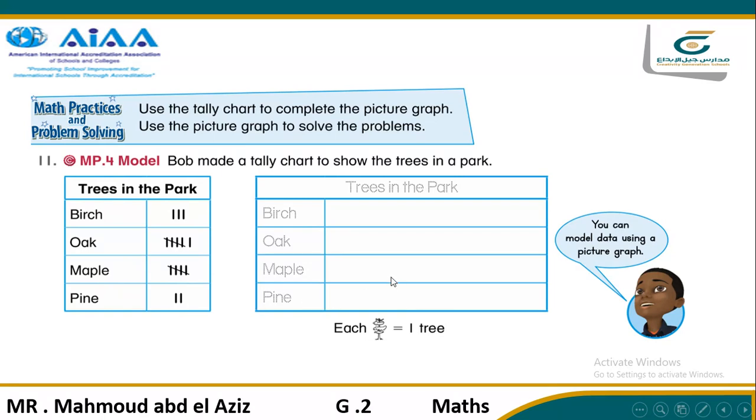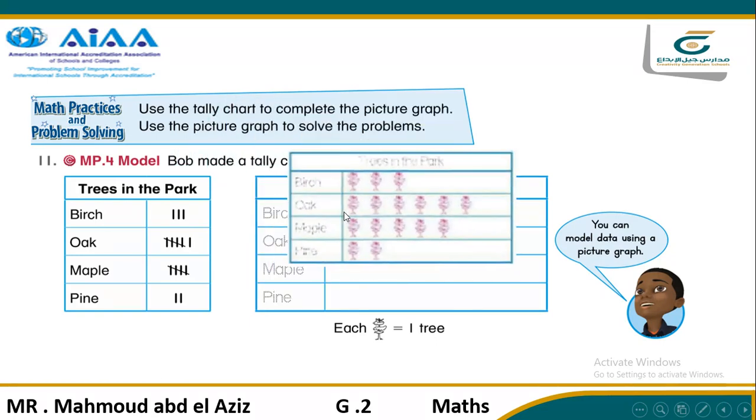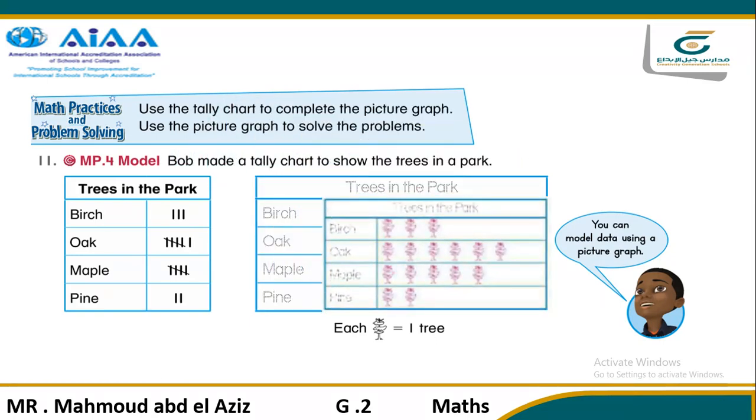So here we want to draw the picture graph. It will be like this. In the first one we have 3, and the second one we have 6, and the third we have 5, and the fourth we have just 2.